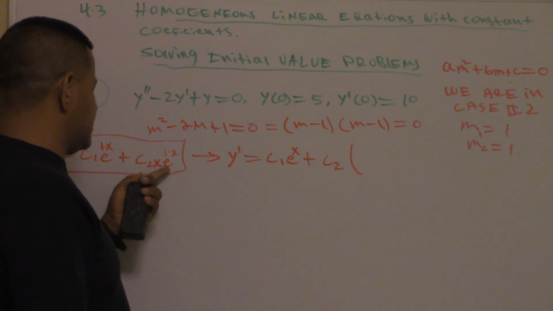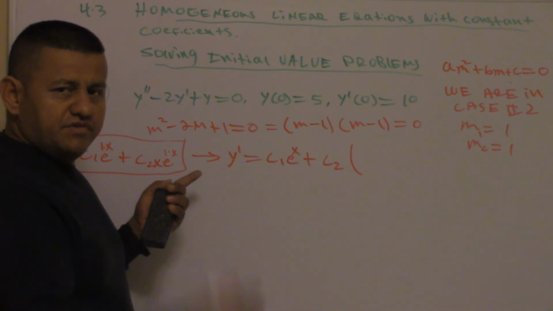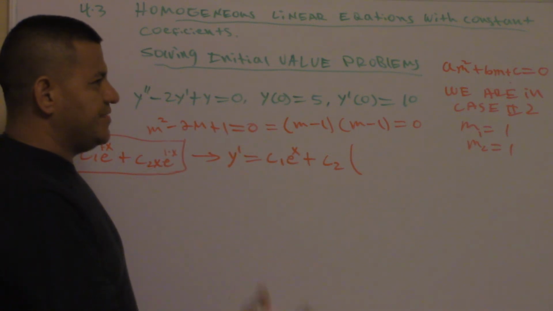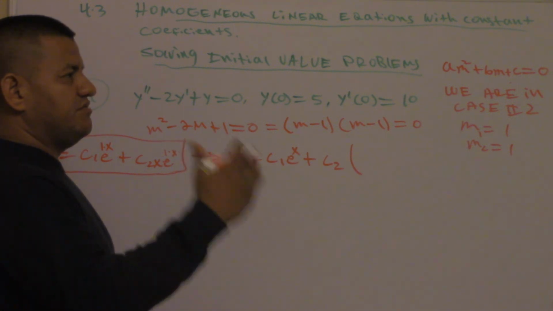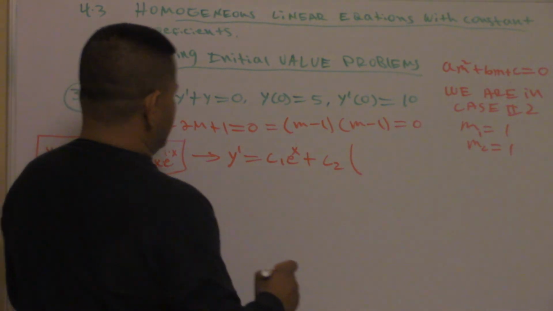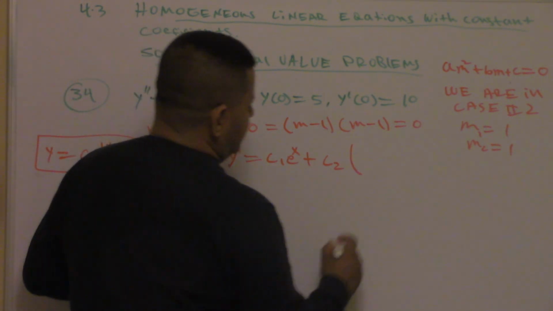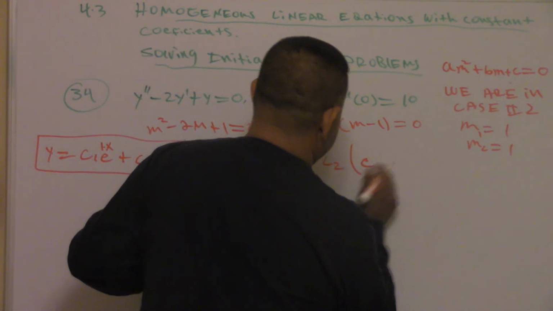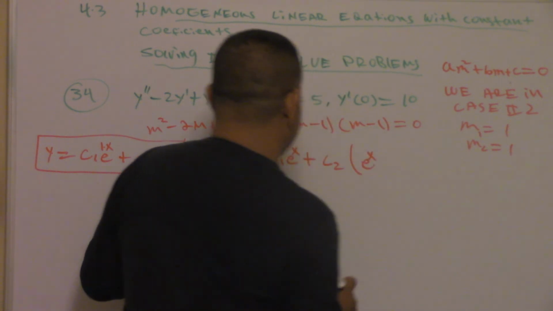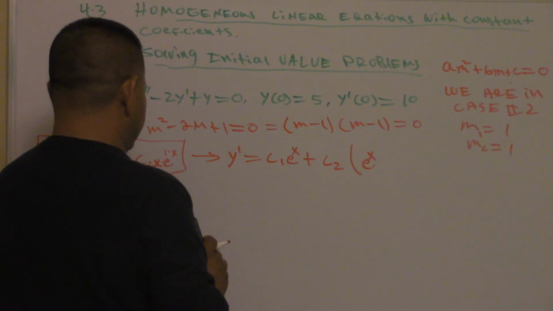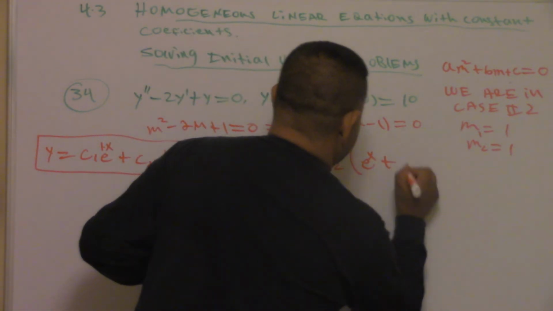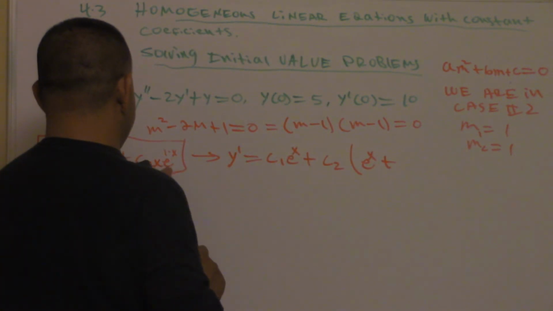and I'm going to take the derivative of the first times the second plus the derivative of the second times the first. So the derivative of the first is 1, times e to the x is just e to the x, and then plus the derivative of the second times the first.